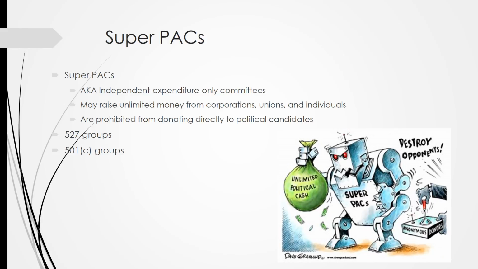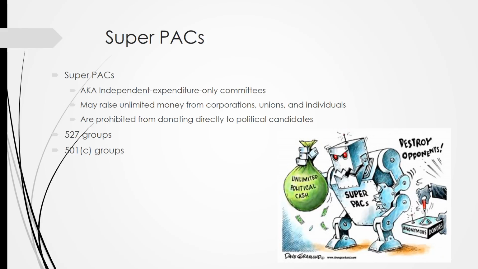Okay, the key thing is to know what's the difference between a regular PAC and a super PAC, because they have some similarities, they have some differences. All right, so whereas PACs can be created by corporations, unions, and interest groups, the unions and corporations aren't allowed to contribute money to them.